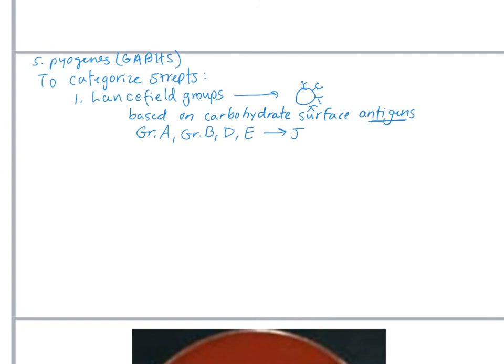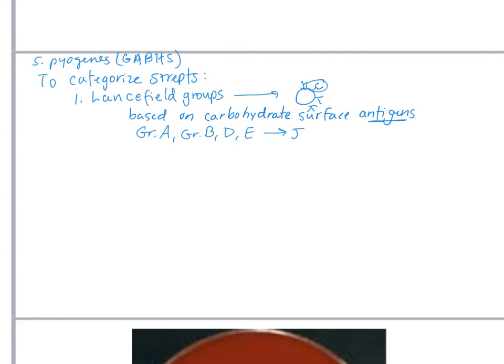So there's maybe between 15 or 20 of these Lancefield groups. Some streps don't have these surface antigens, so they don't fall into this grouping system, which makes it a little bit not perfect in my mind, but it's still useful.